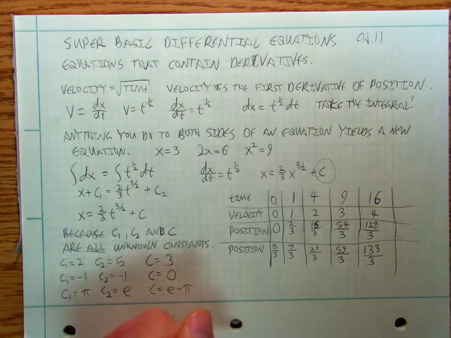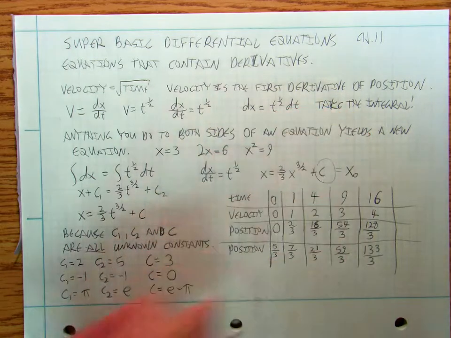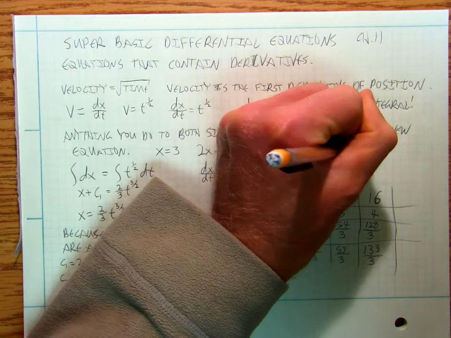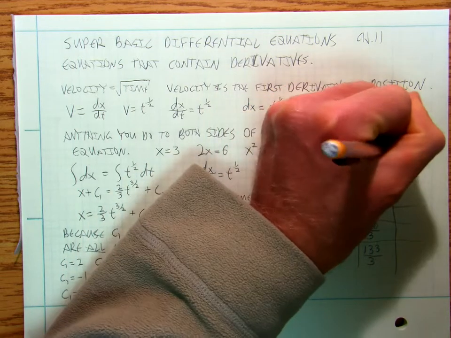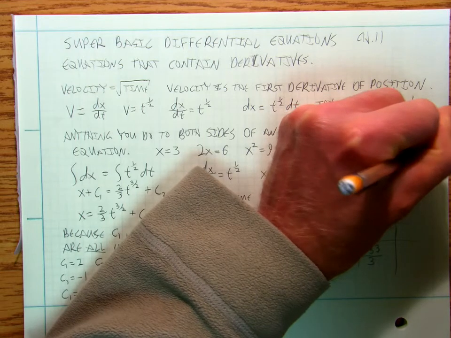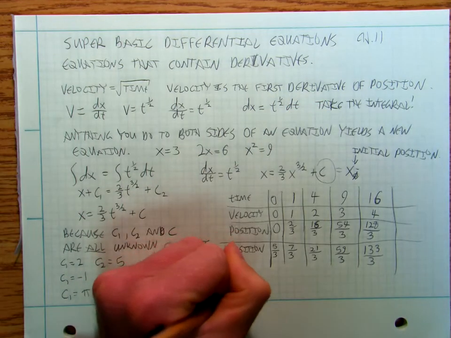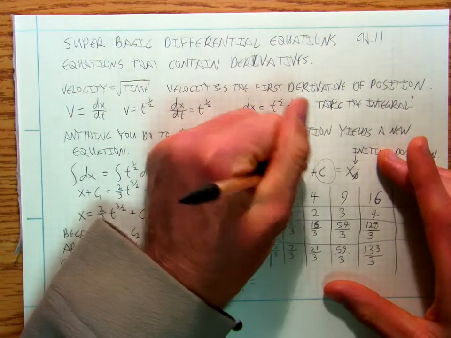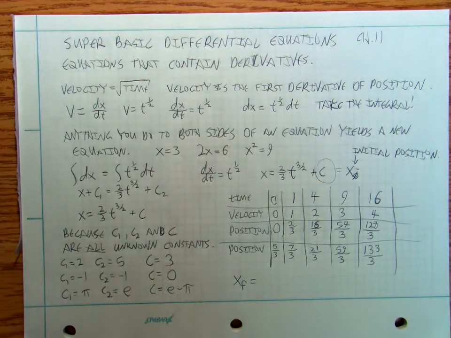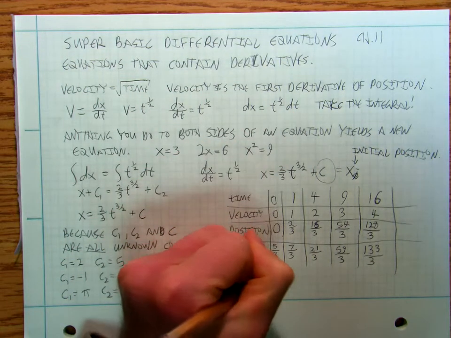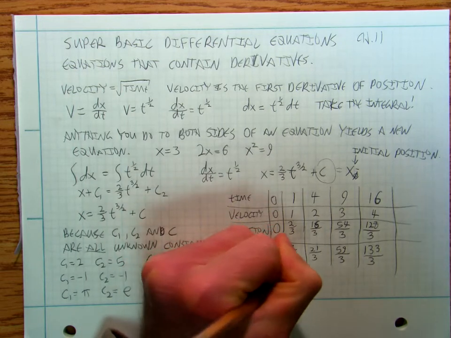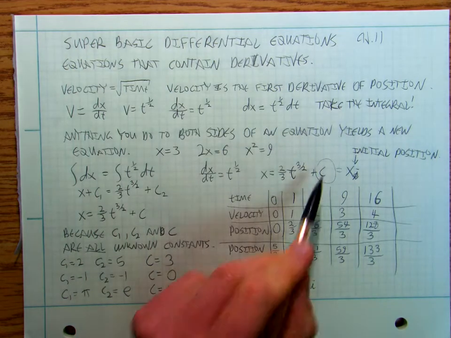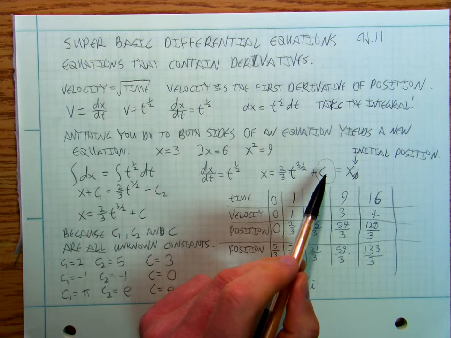In this case, that C has a meaning. In this case it is equal to position. So I'm going to say x final equals 2/3 time to the 3/2 plus my initial position.